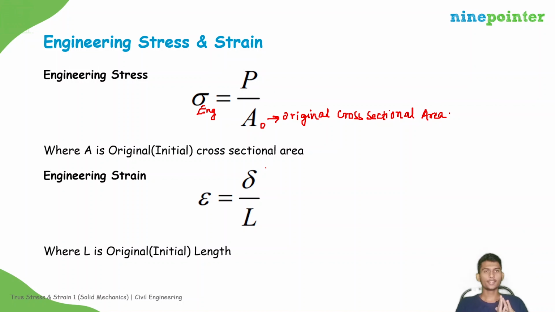Similarly, engineering strain in case of tension or compression, epsilon engineering, is equal to the change in length divided by the original length L naught. This is the original length.